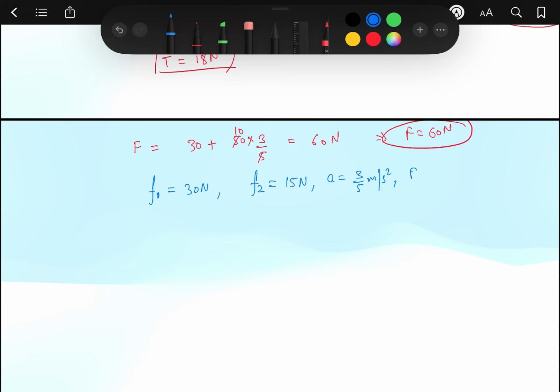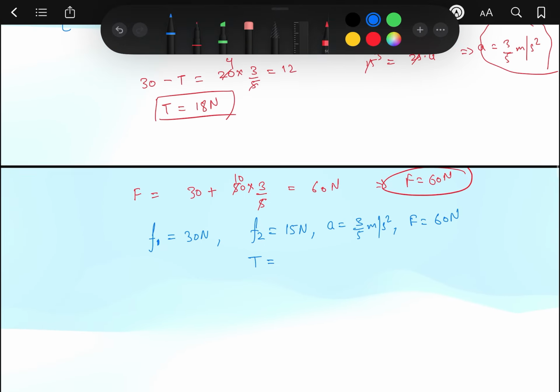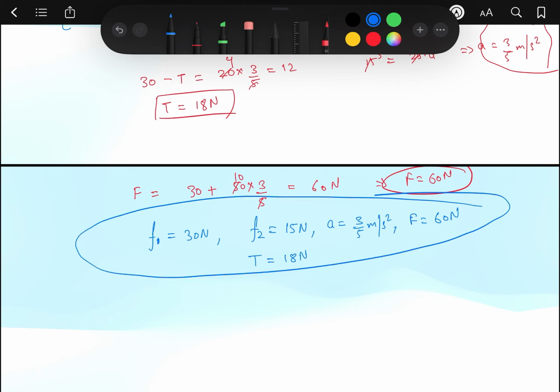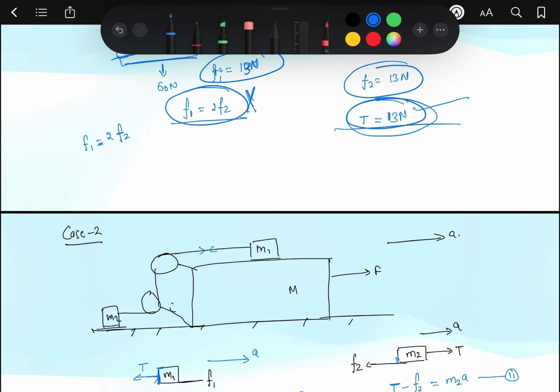And this capital F value is 60 Newton. Similarly, the tension in the string is 18 Newton. Okay. So for our question number B, we have calculated all the values here. So this is the way we have to approach this question. This is our string with tension T.